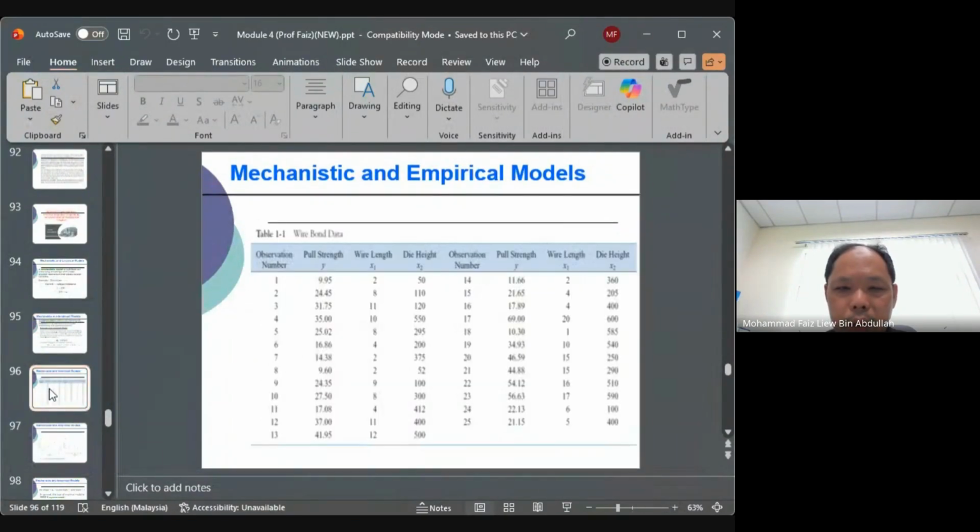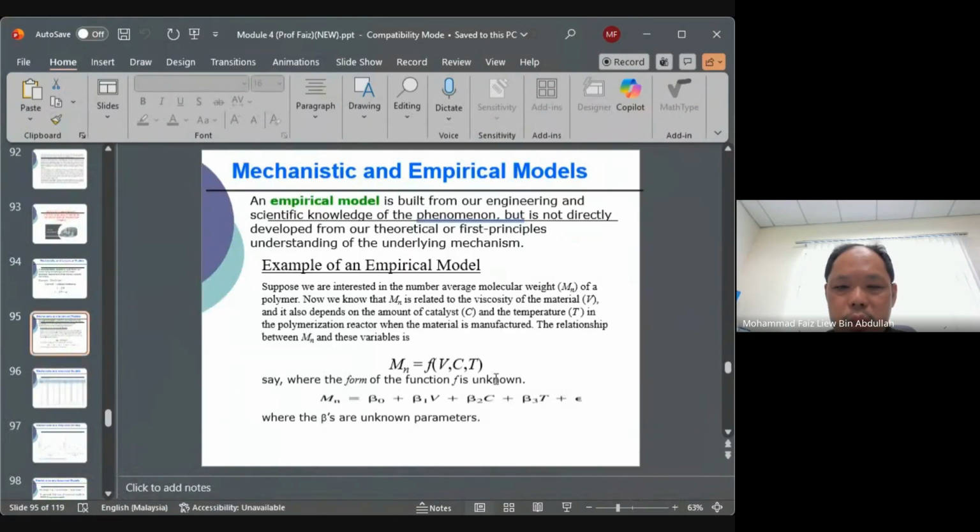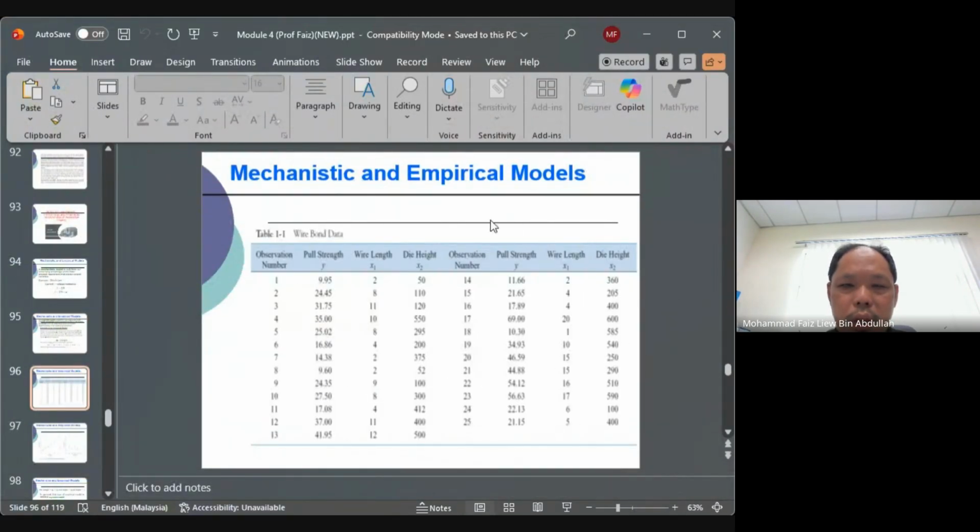Then from this equation, you show the table of how you managed to get the values out of it. You say, look, from observation 1 to 13 or 1 to 10, depending on it, for each parameter with a different value, you can obtain a different set of outcome values.